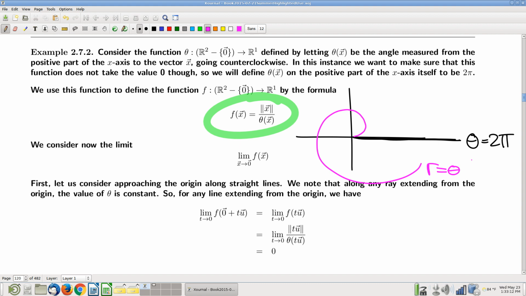And keep in mind what that means, wherever I might happen to be, let's say here, at that point, if r is equal to theta, then notice what you get is theta divided by theta, which is 1.